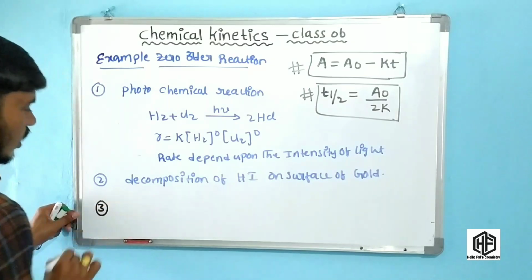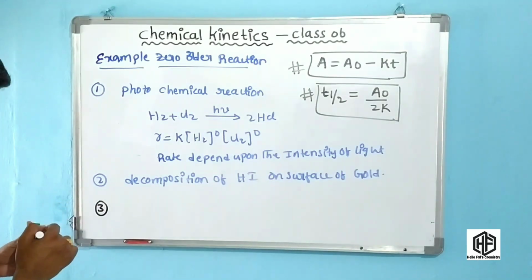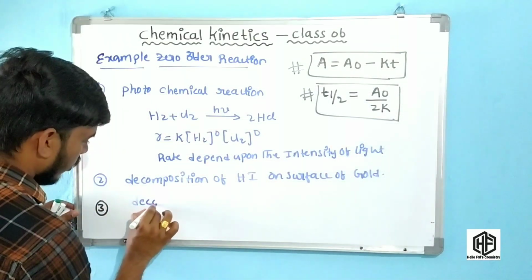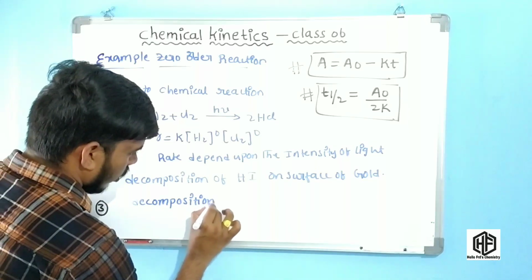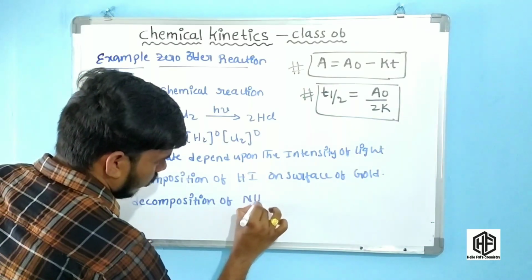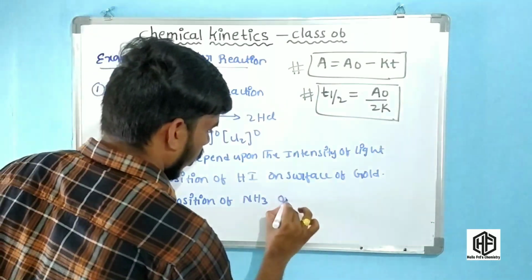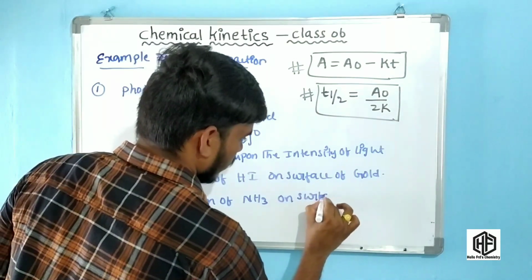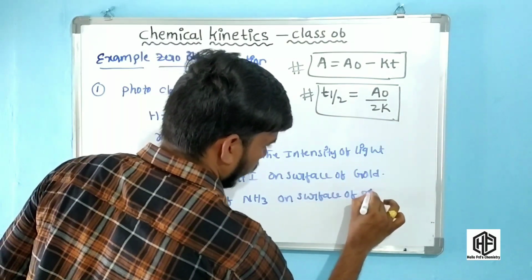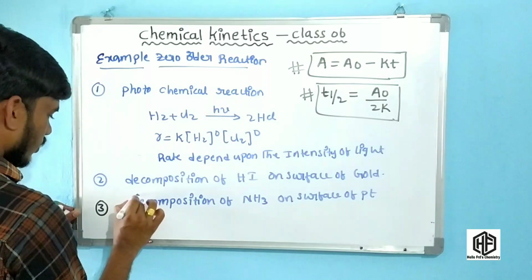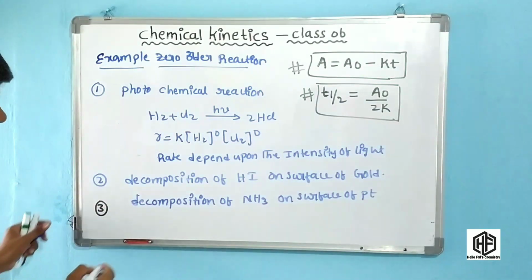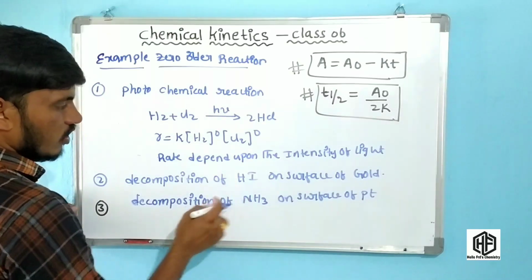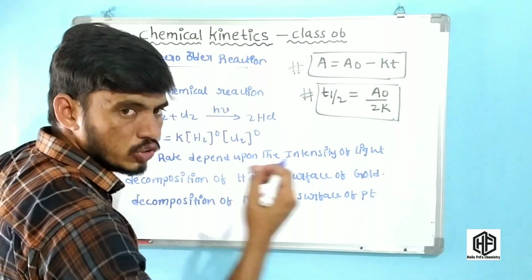And the third one is the decomposition of NH3 on the surface of platinum. This is an example of the zero order reaction. HI decomposes to form H2 plus I2.